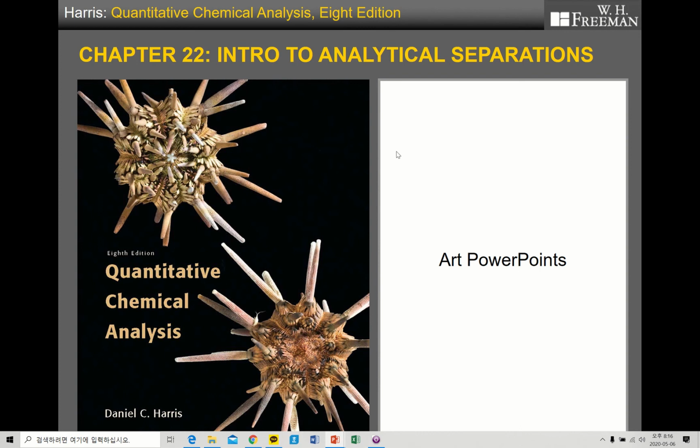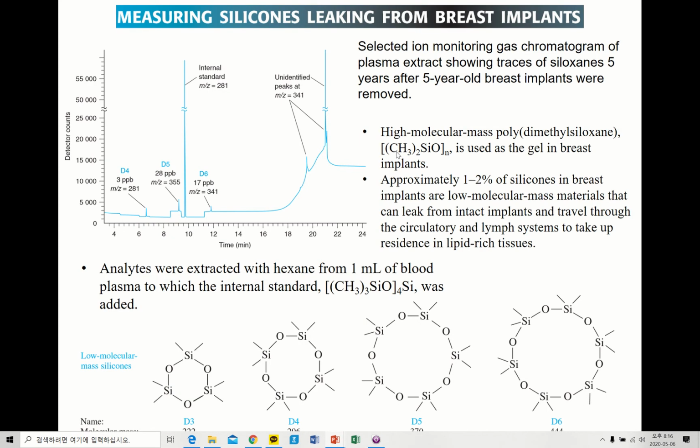Okay, let's start. As usual, the front page of this chapter shows an application of analytical separation, which is measuring silicones leaking from breast implants. Usually silicone compounds are very inert. In this case, don't be confused: this is not solid silicon.